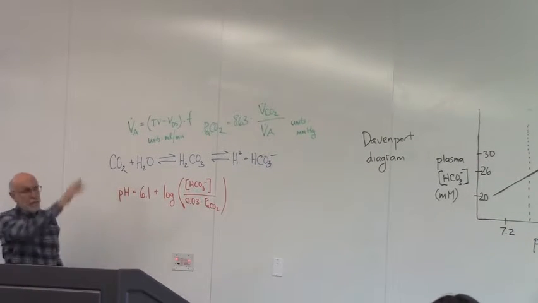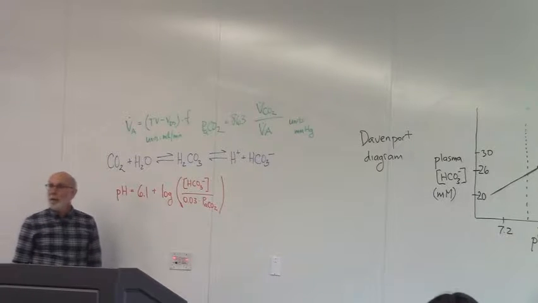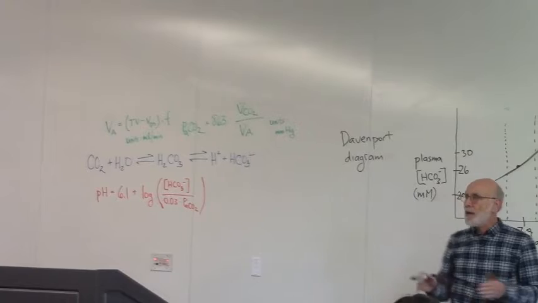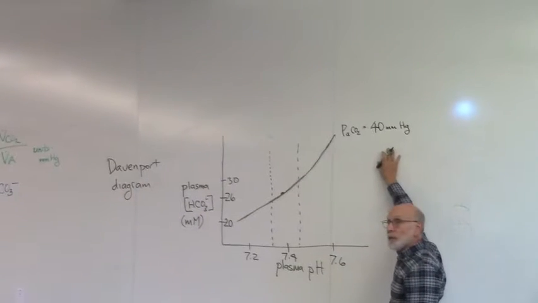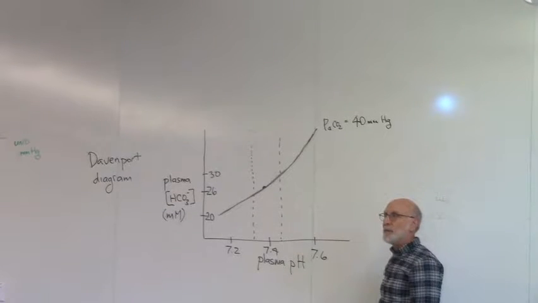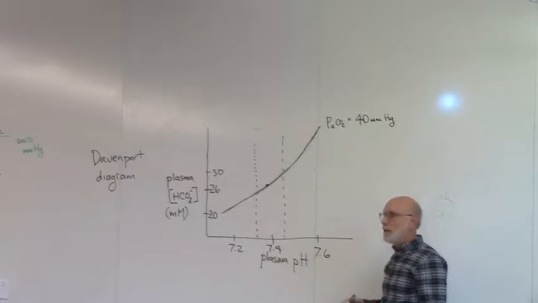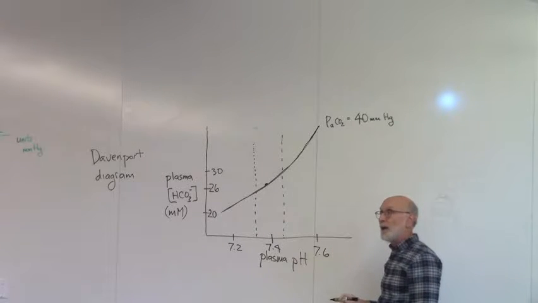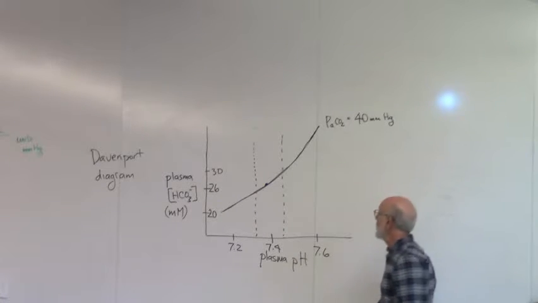And that equation defines that curve. Okay, everybody with me? And as long as our arterial PCO2 is 40, we have to be on that curve. It's defined by acid-base chemistry. Our blood plasma has to be on that curve, as defined by acid-base chemistry.